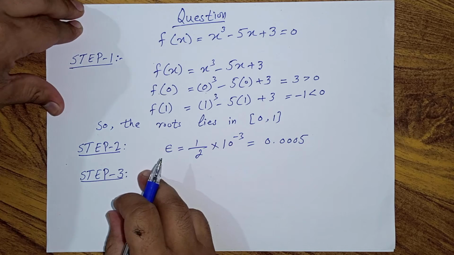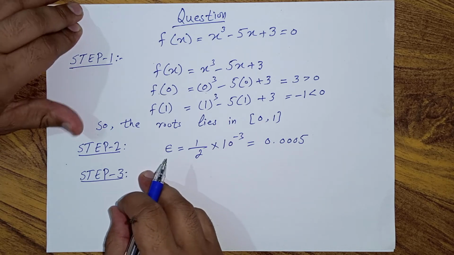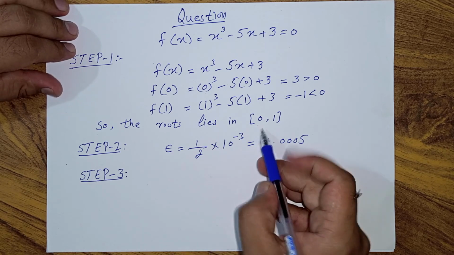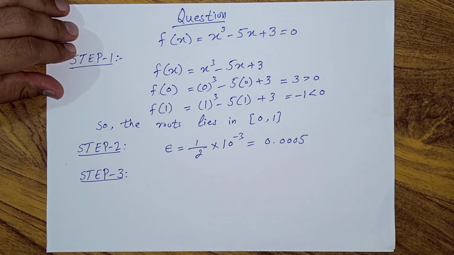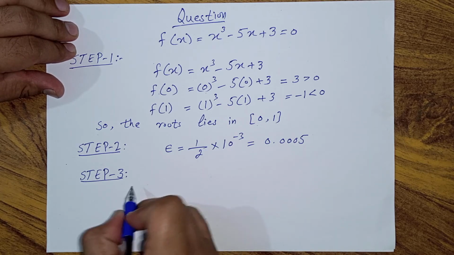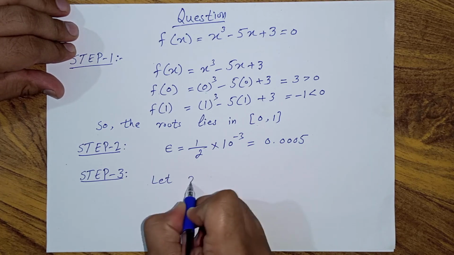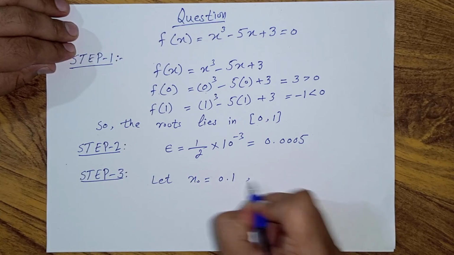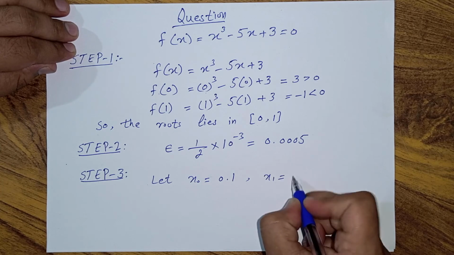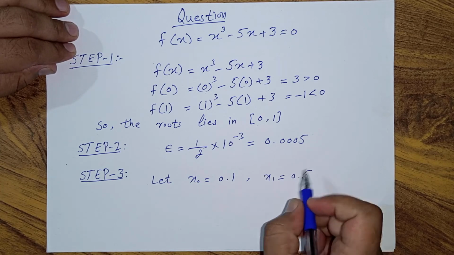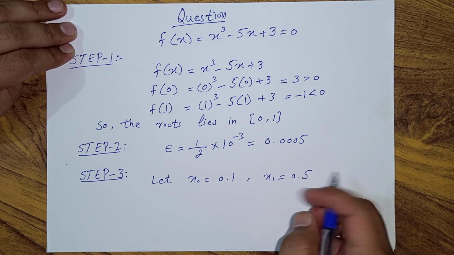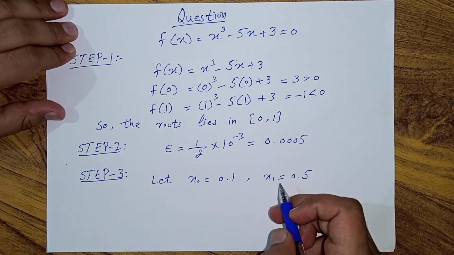In step 3, we select x0 and x1 in the interval by our own choice. Let x0 equal 0.1 and x1 equal 0.5.